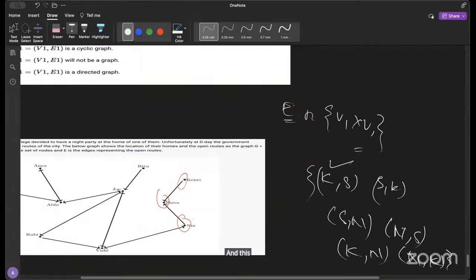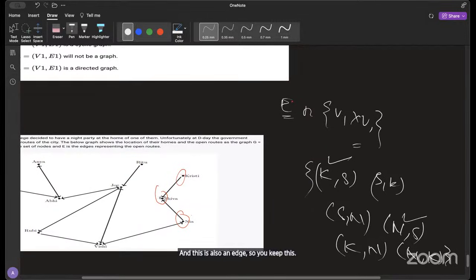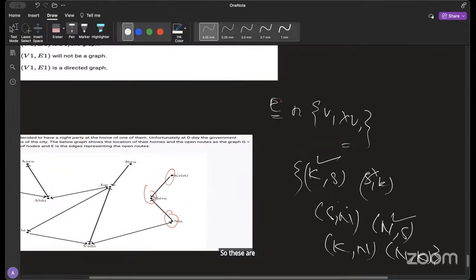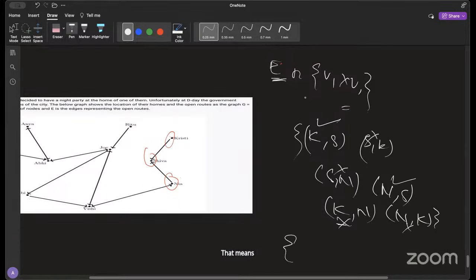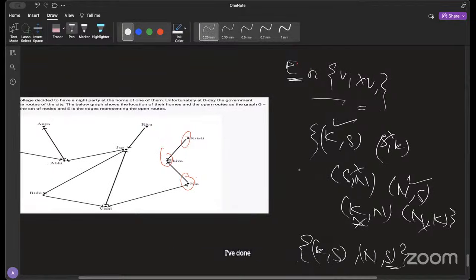NS is also an edge, so you keep this. And that's it, right? You only have 2 edges here. These are not in the intersection because they're not in E. That means in this set, you only have KS and NS. In simple words, you can just directly take it from here. It's this graph, right?